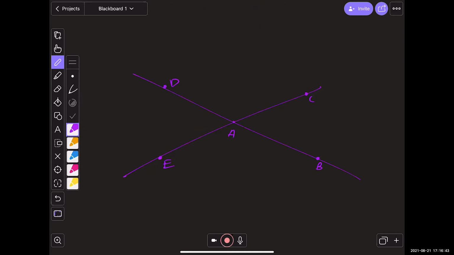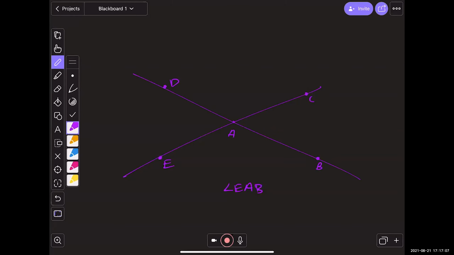Let's see. James, I think we ended off at you with being the next person. Can you name a couple angles that are here? Just maybe one or two. Angles here, like EAB, for example, angle EAB.